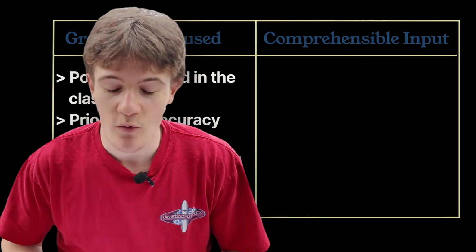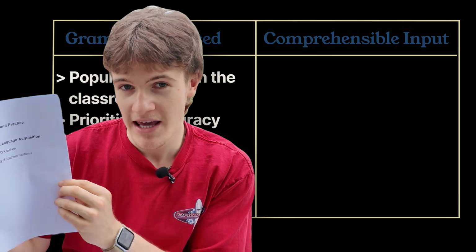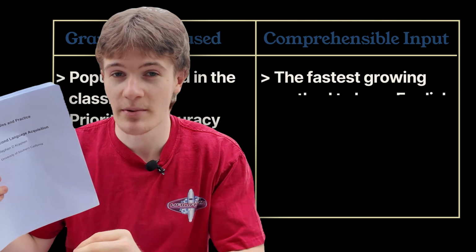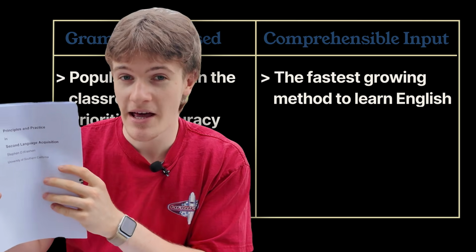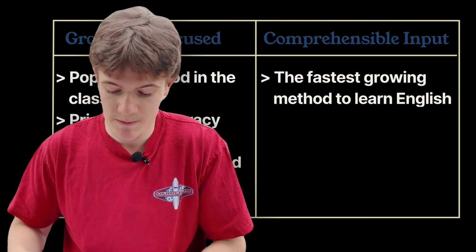And the second method, which I'm sure you've heard of, is comprehensible input. This is growing to be the fastest and most popular language learning method online, maybe in the whole world.